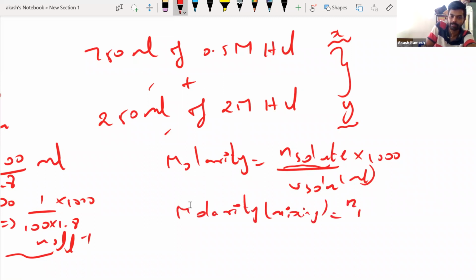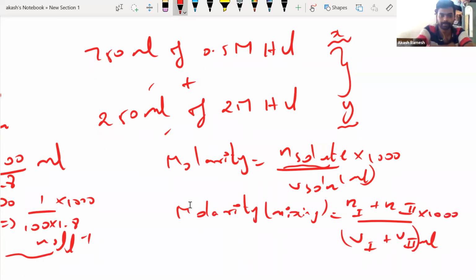Number of moles of solute in the first solution plus number of moles of solute in the second solution, divided by volume of the first solution plus volume of the second solution. This whole thing would be in ml, and I have to put 1000. Correct? Right? So I have to add the number of moles and add the volumes and divide them. That's how I'm going to get the molarity.